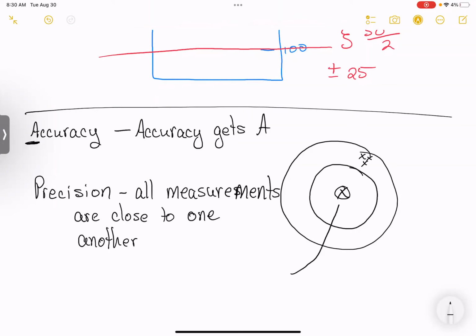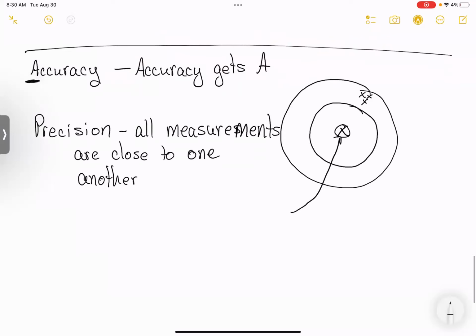Folks, the only way to get to the target is calibration. Now, we can get close, but it doesn't mean we're going to hit the target. The only way for us to probably get the target is the calibration, if everything is calibrated and we're using top of the line instrumentation.